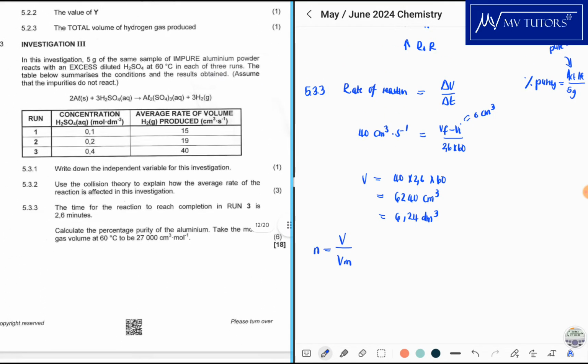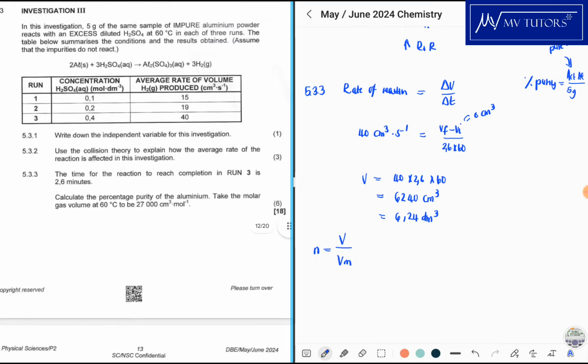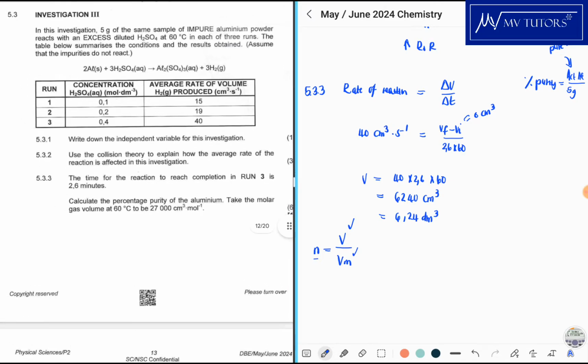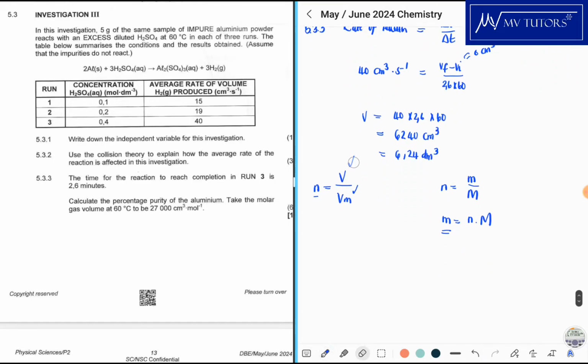Molar gas volume formula. If we have our volume and they've given us our molar gas volume, we can get number of moles. And from the number of moles, we can then get our mass, which is number of moles times molar mass. So this is where we are working towards. This is the pure mass that we're trying to calculate. Now that we have the vision in check, what is the volume?